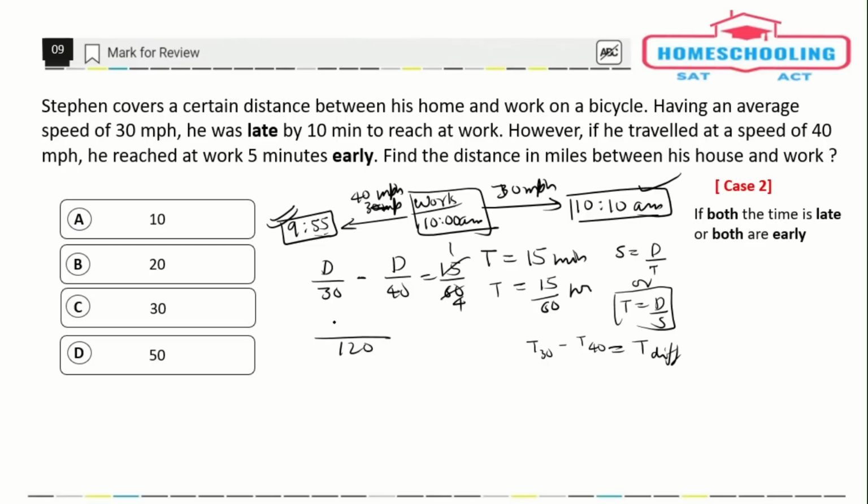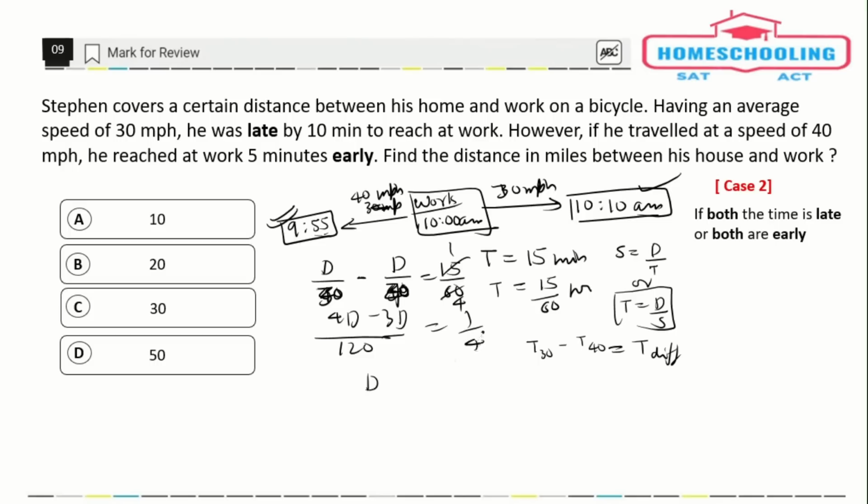So it will go 4 times for one and 3 times for the other: 4d minus 3d is equal to 1 by 4.